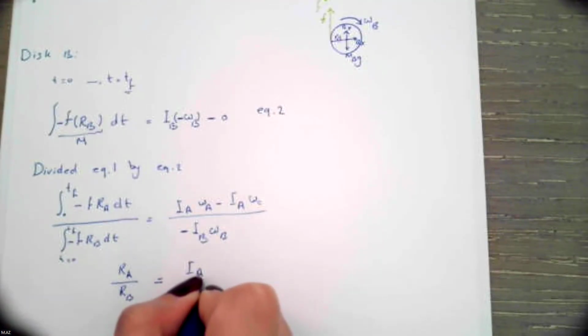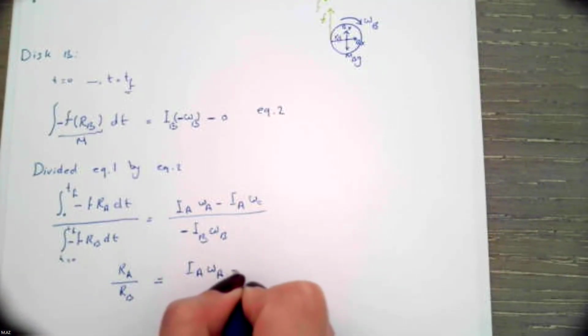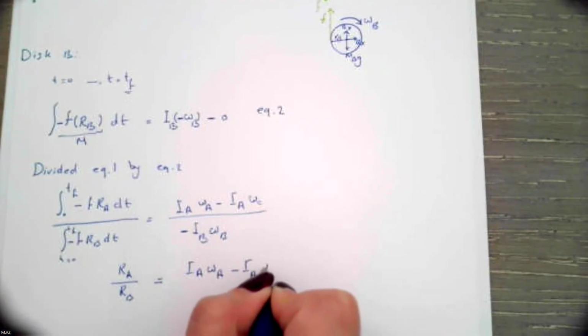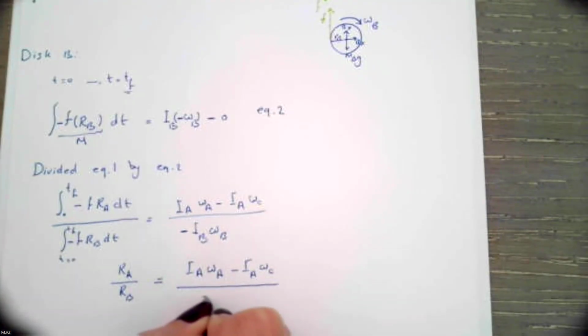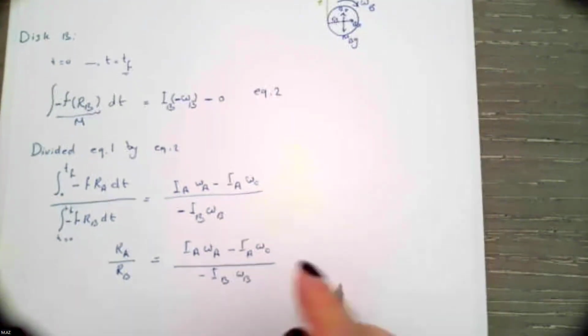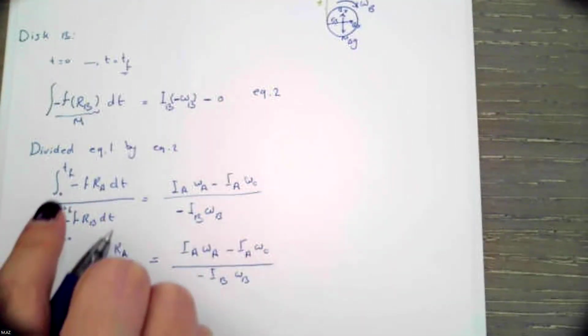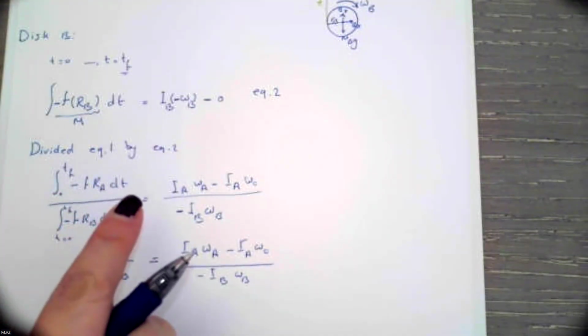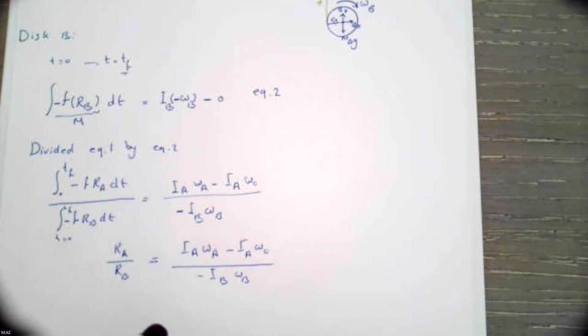Now we have I_A omega A. This is the equation that we find by dividing equation 1 by equation 2.